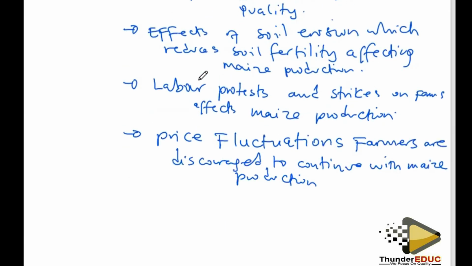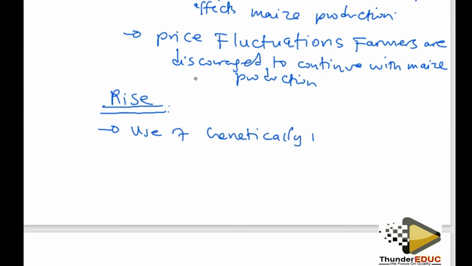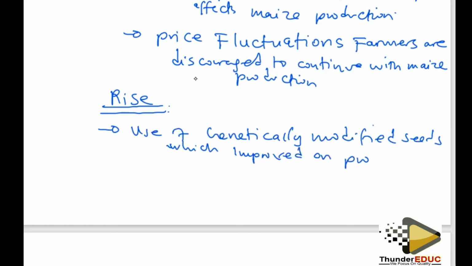Right. But then someone could ask that, then what could have caused the rise in other season? We could talk about use of genetically modified seeds, which improved on production.